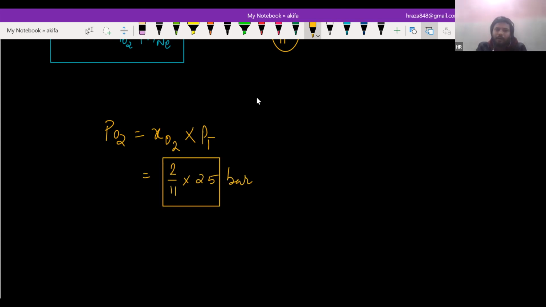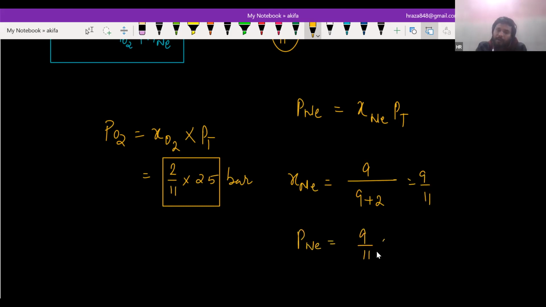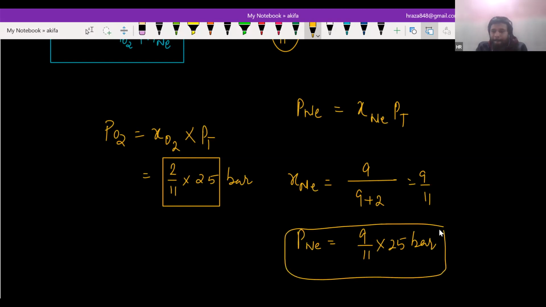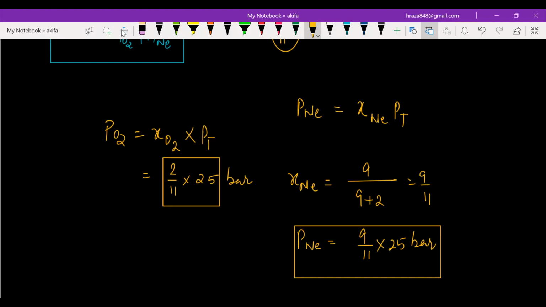Again, for partial pressure of neon, we need to find mole fraction of neon. That will be 9 upon 9 plus 2, equal to 9 by 11. Partial pressure of neon will be 9 by 11 into 25. This will be in bar. Is that clear? Yes.